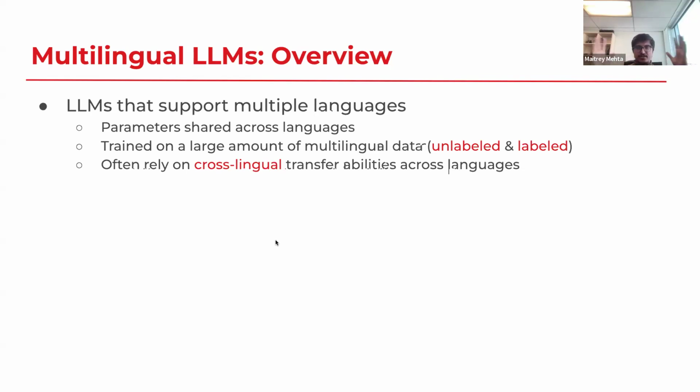These are trained on large amounts of multilingual data. And finally, the reason why it works is that they often rely on the concept of cross-lingual transfer across languages. This is a concept in which different languages benefit from each other. There is something learned in one language which can be applied to a completely different language. So that is the concept of cross-lingual transfer.